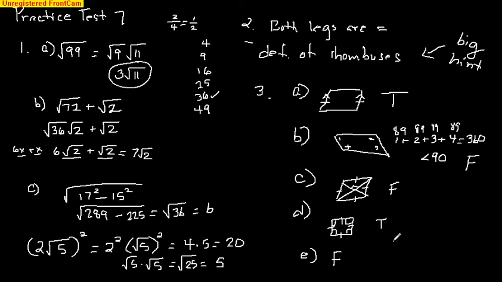Let me try to show you. If you have the base angle, say this one, here's the base angle. This is going to be our parallel side. If this base angle is 90, that would mean the other base angle would have to be 90. So that one wouldn't work. That's not good.